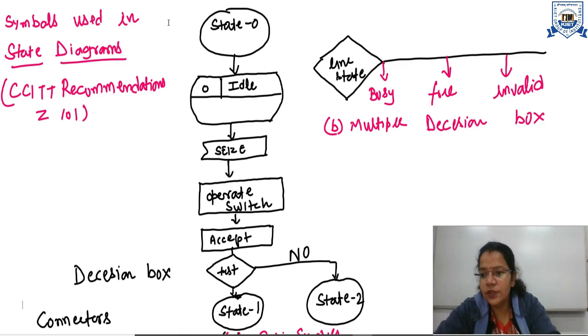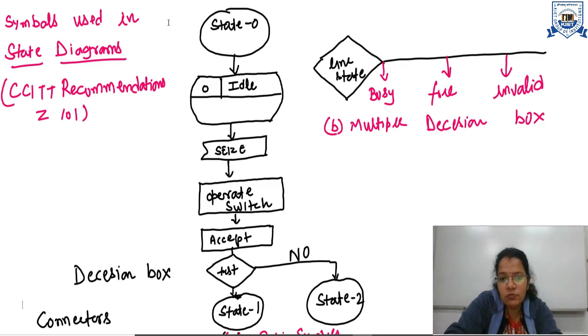For example, the SDL may extend over several pages. In figure B I have discussed the state transition diagram showing busy line, free line, or invalid. Figure B is for a multiple decision box, and figure A is for a single decision box.